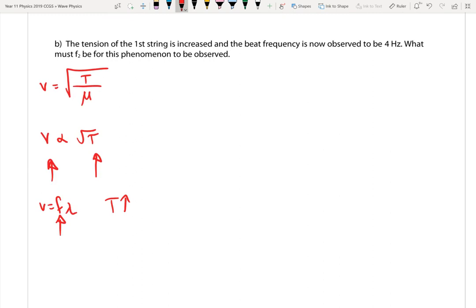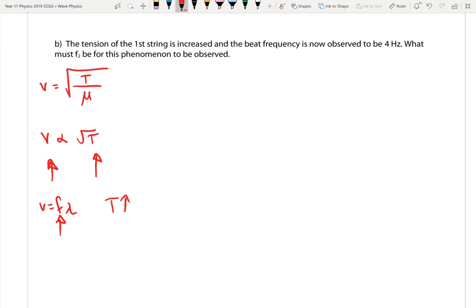So that's your classical guitar string. You're strumming your guitar. If you tighten the string, it's going to increase your velocity. It's going to make a higher frequency. And then if you loosen it, the frequency decreases.